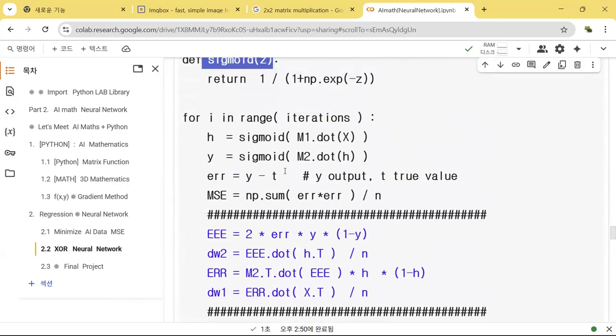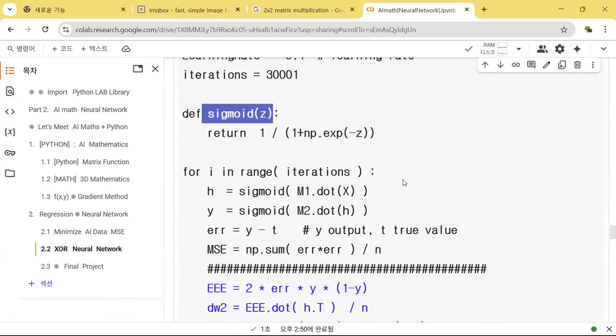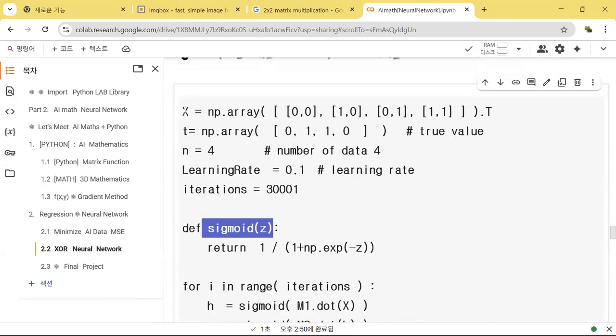From this Python code, we may ask, what is the shape of X transpose? So X transpose is this one, okay?